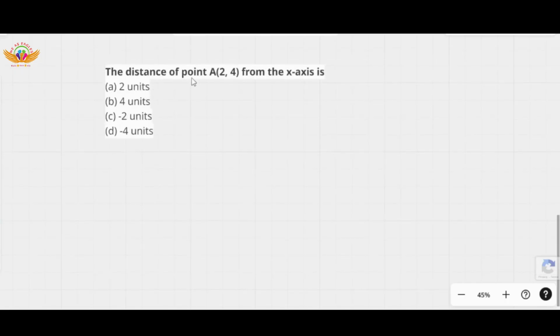Yes, distance of point A 2 comma 4 from the x-axis is, it's a direct question. Whenever you see this kind of question, remember the distance of any point from the x-axis will be the ordinate. What is ordinate? The y1, the y term.